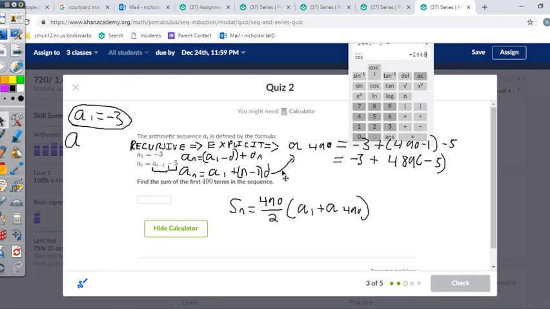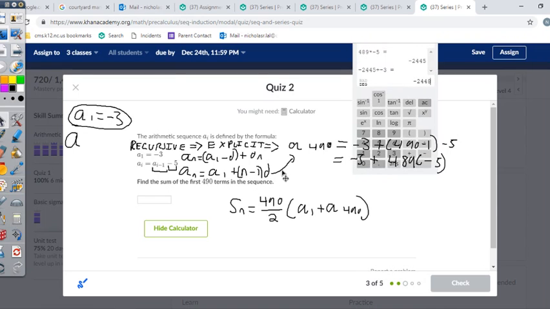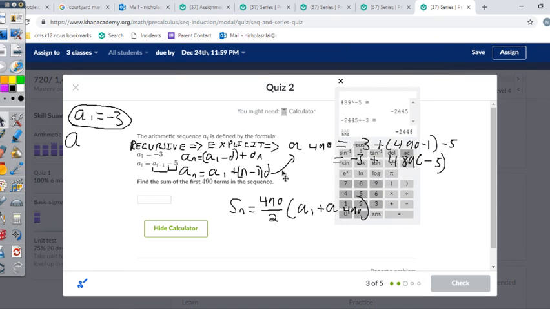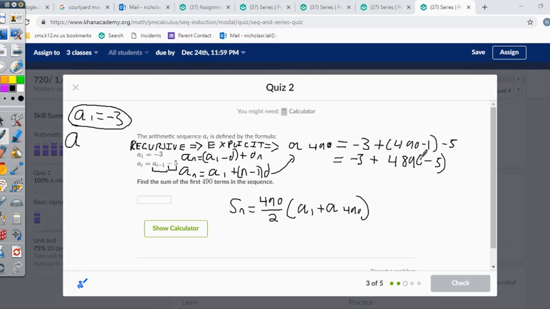So negative 2448. This will be equal to negative 2448. So that's A490.